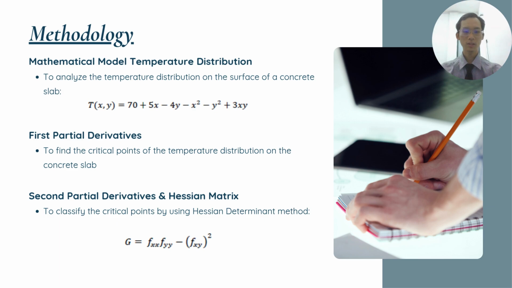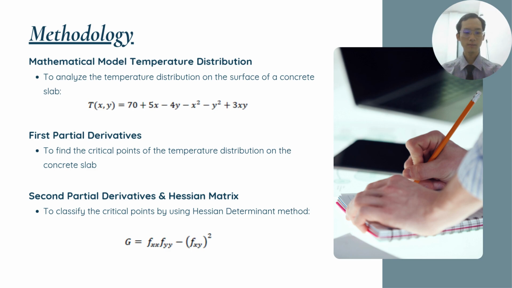So we have three methodologies to calculate this project. The first one is the mathematical model of temperature distribution. It is to analyze the temperature distribution on the surface of a concrete slab by using the equation below.